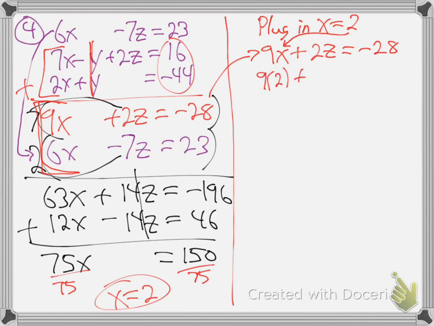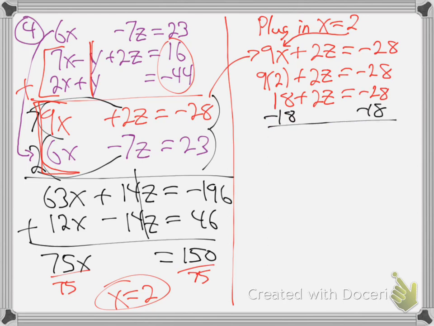Plug in the 2. So it's 18 plus 2z, and then subtract the 18. What is that? Minus 46, and then divide by 2. So z is minus 23.